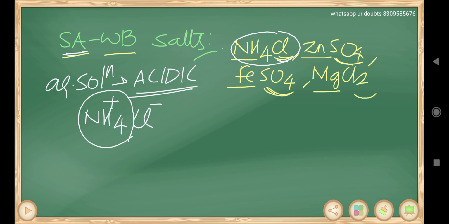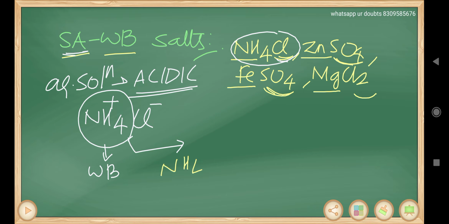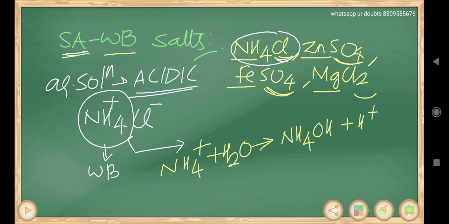NH4 plus is coming from the weak base, so it undergoes hydrolysis. The reaction is NH4 plus plus water gives NH4OH plus H plus. Due to the formation of H plus, it is acidic in nature.